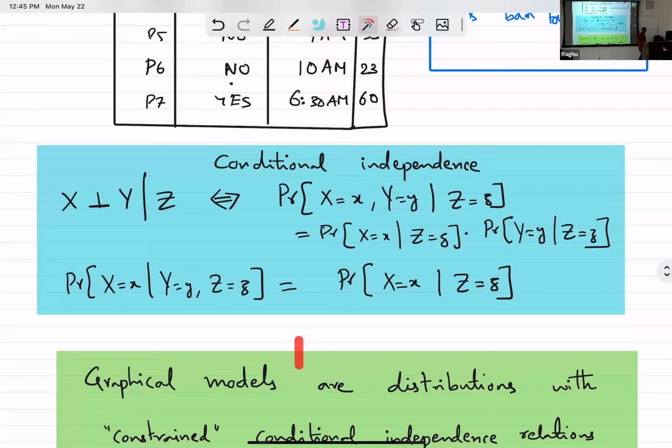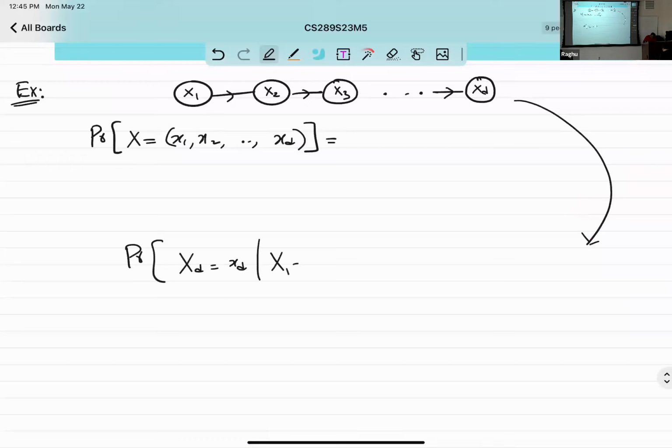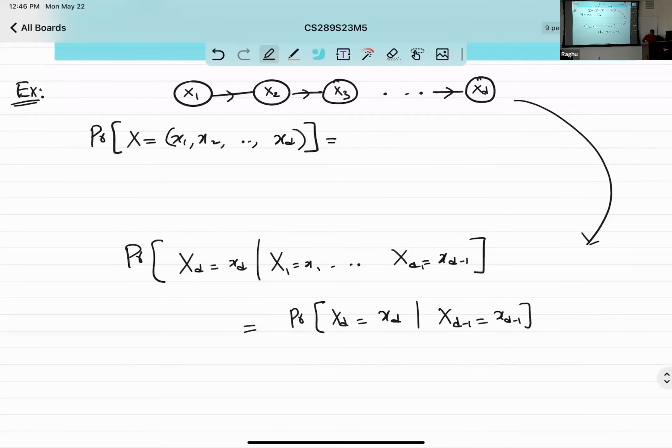For a Markov chain, conditioning on everything before would be the same as just conditioning on the node just before you, because the future just depends on the present and not on the past, given the present.